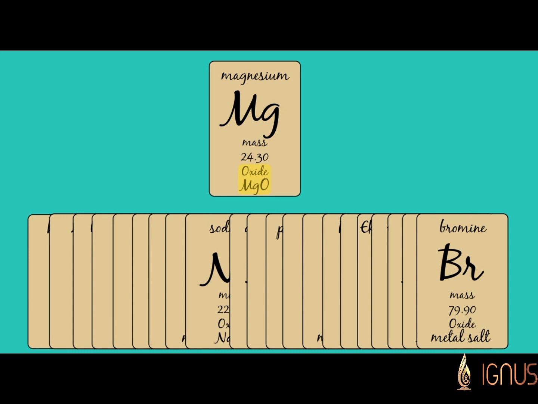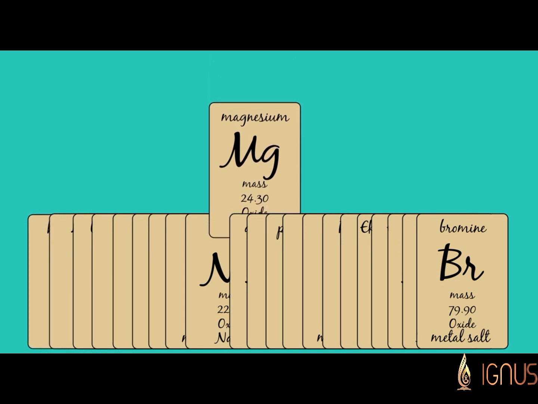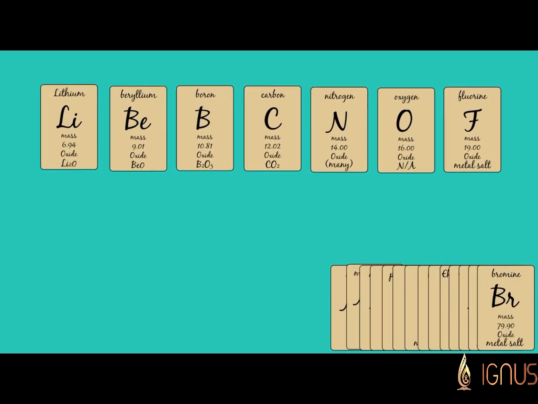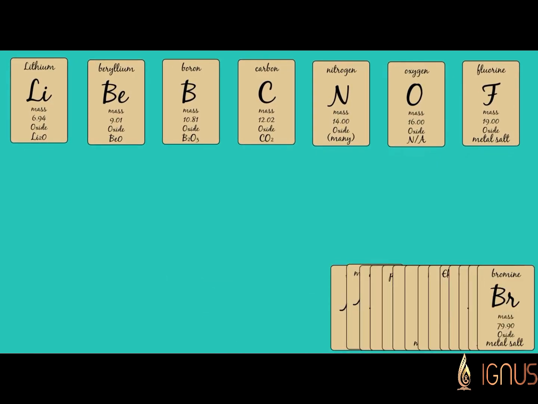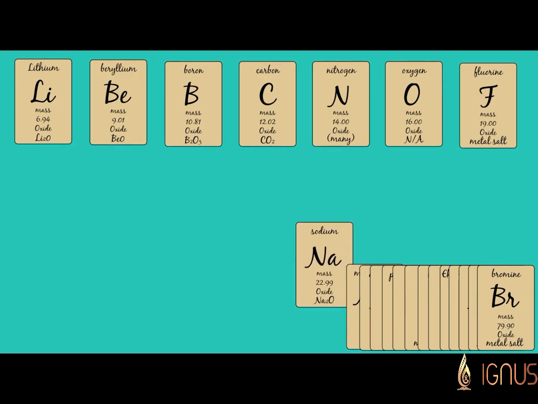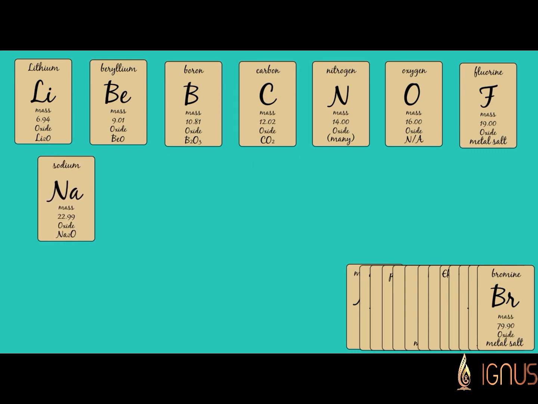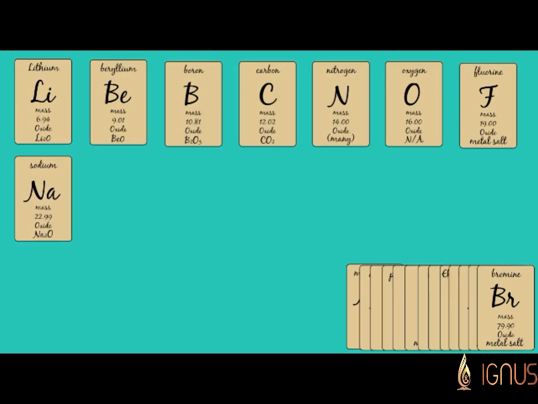Let us study these cards and understand what Mendeleev tried to do. We start arranging elements in the increasing order of their atomic masses, starting from lithium to fluorine. Next, we take sodium. We see that sodium and lithium have similar chemical properties, so we place it below lithium.